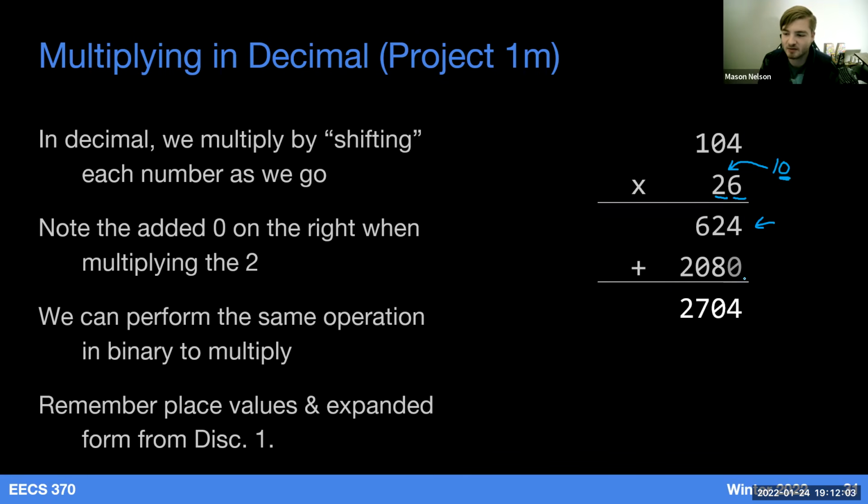So we'll go ahead and write our 0 here. And then we'll do the same thing. So we'll take 104 times 2, which is 208. And we'll place that to the left of our added 0. Then we'll add it all up and we'll get our final answer. And so you can verify that 104 times 26 is equal to 2,704. Just like addition, the algorithm for multiplication in binary is going to be the exact same.